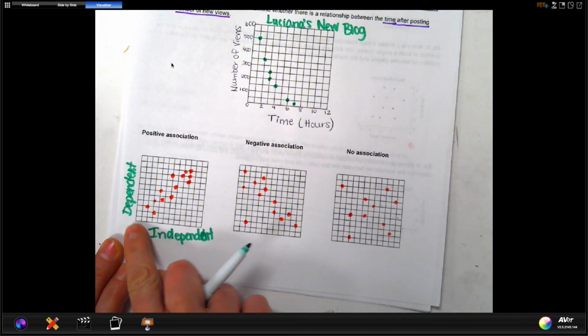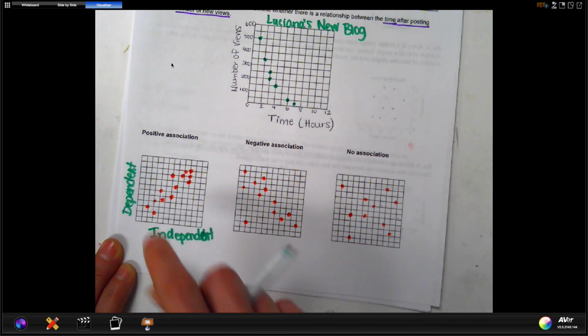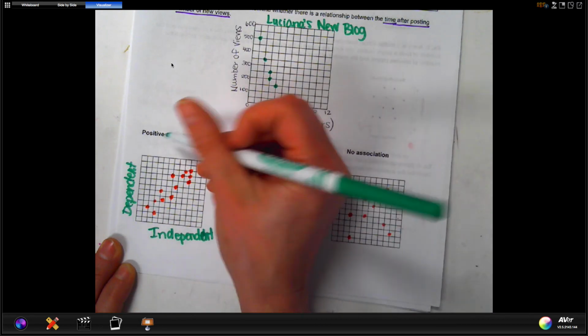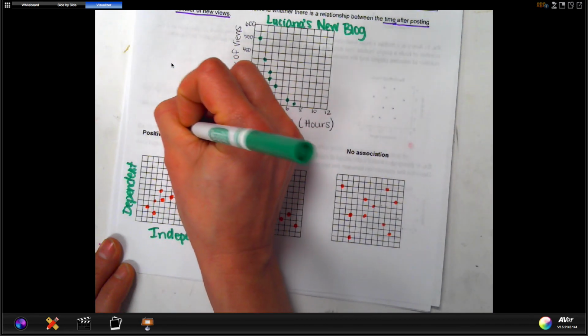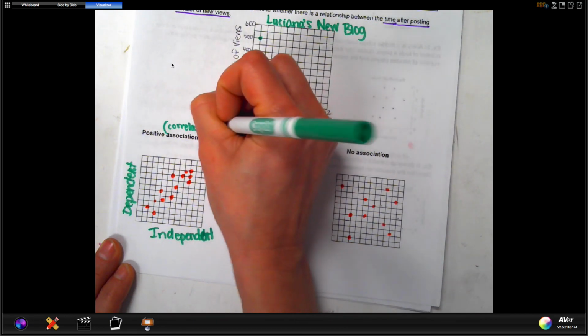So as independent goes up, the dependent goes up. Another name for association would be correlation, depending on what text you are looking at.